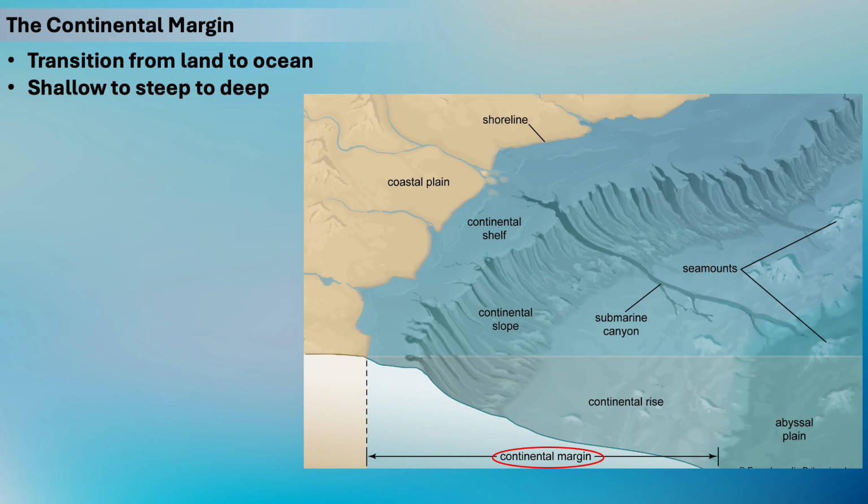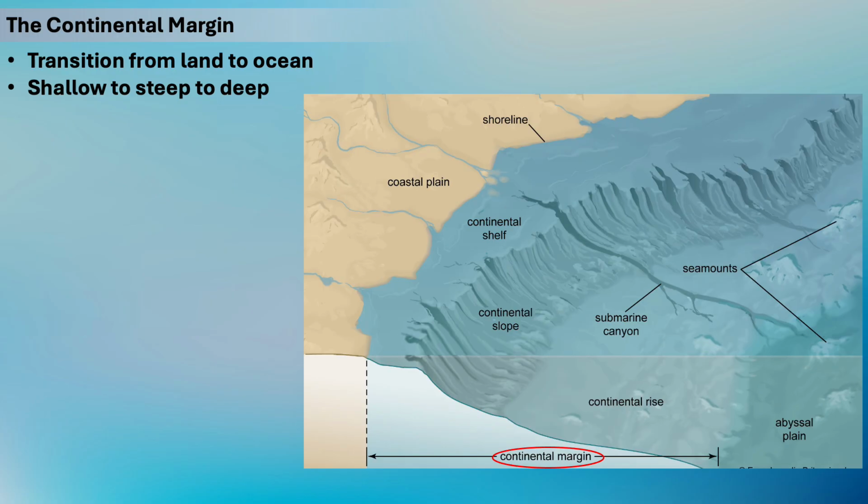The continental margin is the submerged outer edge of a continent and represents the transition between continental crust and the deep ocean basin. When we talk about the continental margin, it's important to be very clear about what defines a continent from a geological perspective.